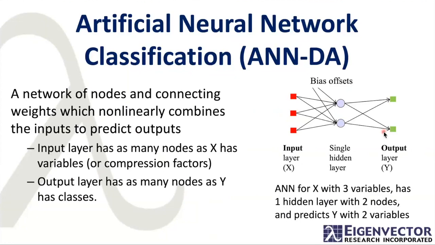And that's the part that I didn't mention there, that once you pass a sample's data, the three variables in this case, through to the end, then you can compare it with what the calibration data, the known outputs, your Y values, should have been, and get an error. Then, if you know what that error is, you can try to adjust the weights of those connecting arrows such that if you pass the data through it again, you would get a smaller error.